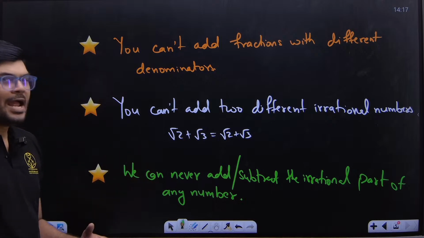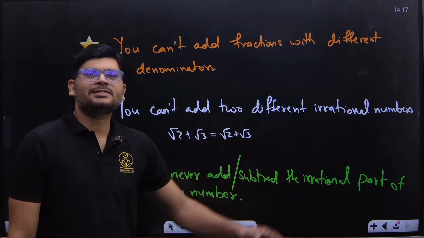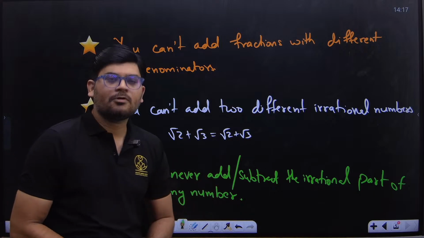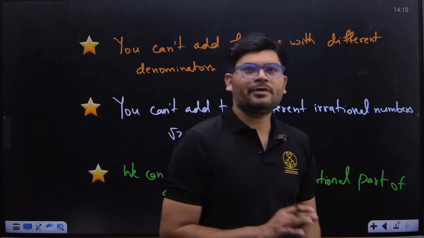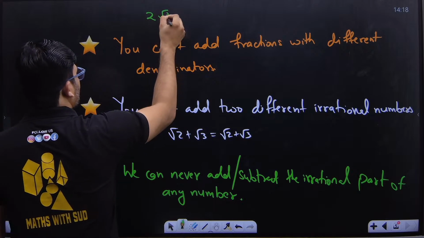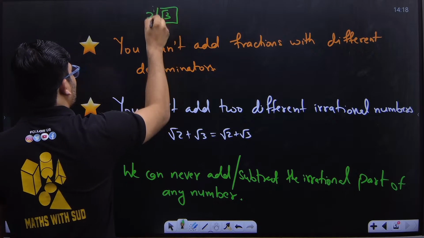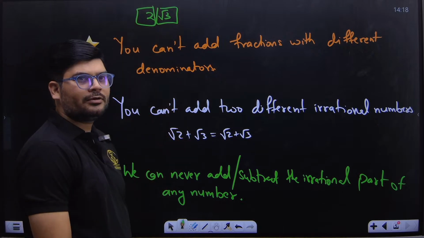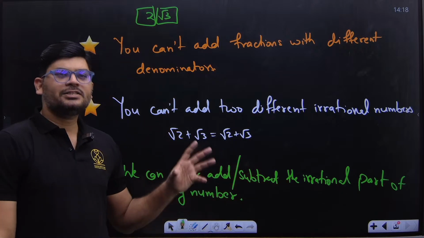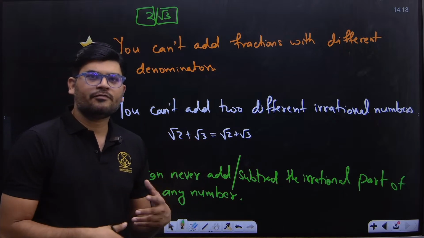It can be added only if the irrational part is the same, and then only the rational part we can add. That means if I write 2 root 3, it has got one irrational part and one rational part. Are you getting it? Yes, sir. So we only add the rational part, that is, we add the coefficient.